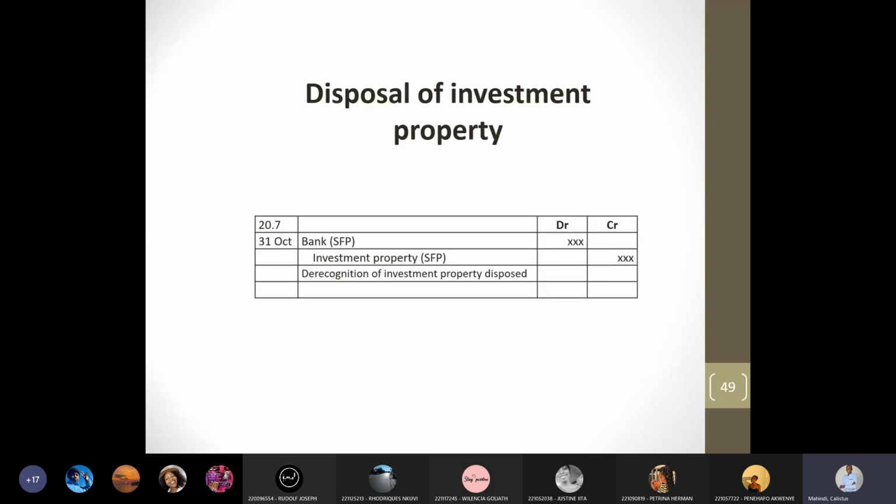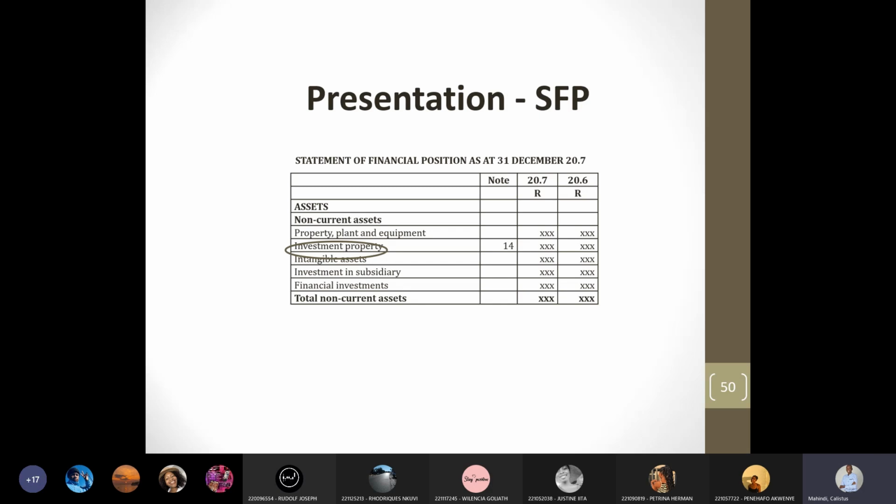So what happens when you dispose of investment property? Disposing just means you sell it. So what are you going to do? Debit your bank, credit your investment property. This one is straightforward because you're receiving cash, let's say, on the sale of the investment property, and then you have to credit the investment property.